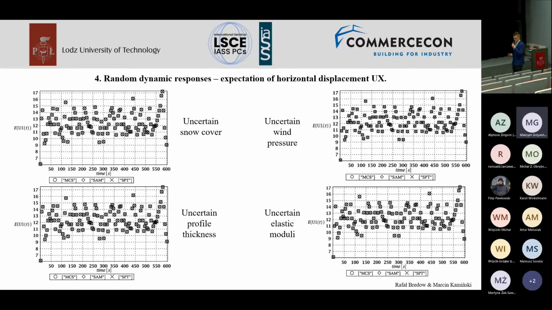And now some chosen exemplary results. In this case, the SLS state has been considered of horizontal displacements of the very top node of columns, and it has to be said that also the direction of wind excitation is in the plane of those main frames. Firstly, one may notice that the stochastic perturbation technique maintained remarkable accuracy compared to referential approaches as for those expectations.